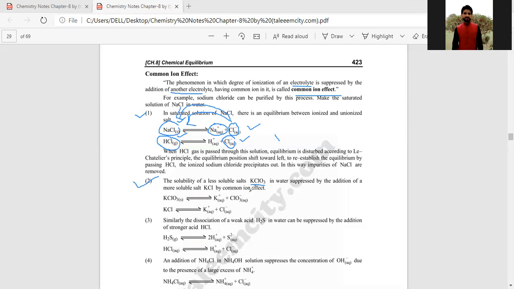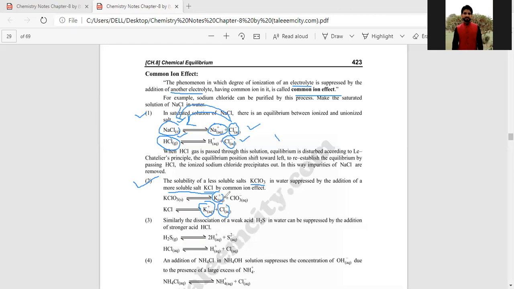So for this, we have to add a salt like KCl, which is more soluble. Here you can see both have the common ion K positive. KClO3 dissociates into K positive and ClO3 negative, and KCl dissociates into K positive and Cl negative. So in both equations you can see a K positive ion.